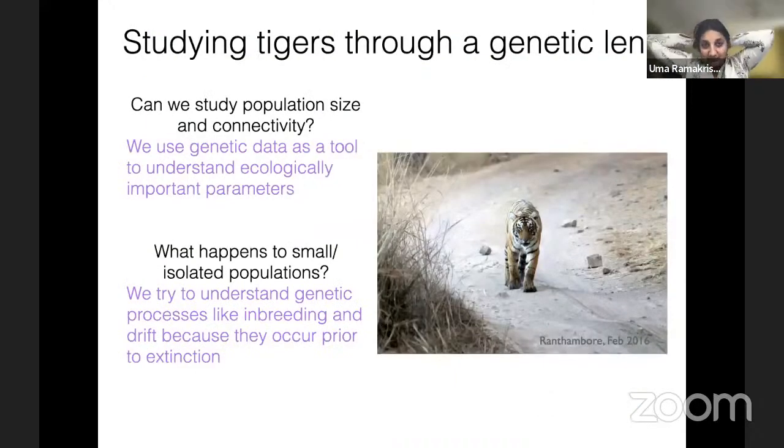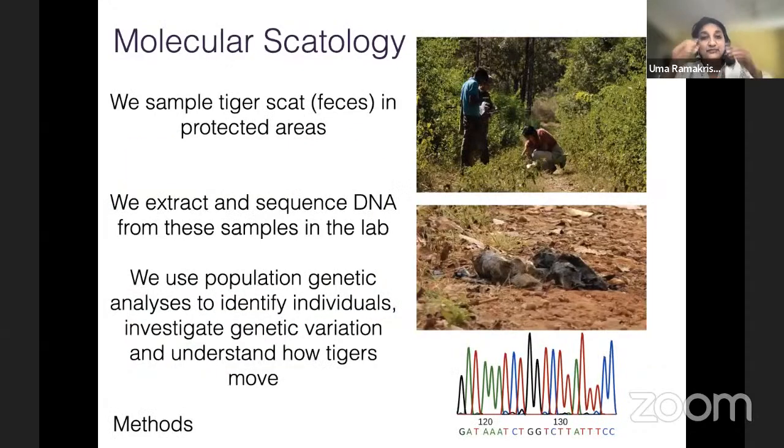So basically, we study tigers through a genetic lens, and we ask two types of questions. One is basically an ecological question. Are tiger population sizes small? Are tiger populations connected? This is an ecological question in a way, right? But we're also interested in purely genetic questions. What are processes like inbreeding or drift, which tend to occur prior to extinction, and can we detect these?